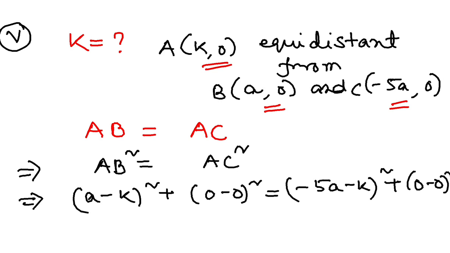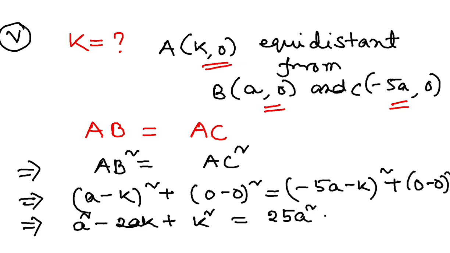Now from here, if I apply a minus b whole square, this is a square minus 2ak plus k square. 0 minus 0 is 0, 0 square is 0 again, so no need to write anything. So minus 5a whole square is 25a square. This will be plus, ultimately, I think you can understand why, 10k plus k square. Okay, 0 minus 0 is again 0.